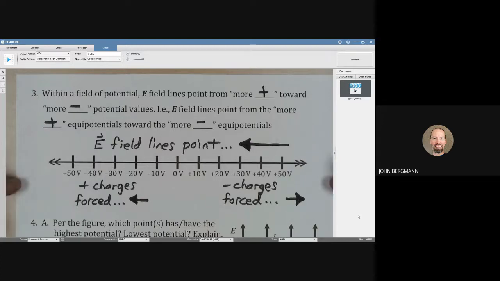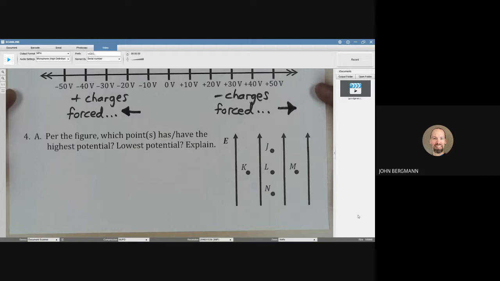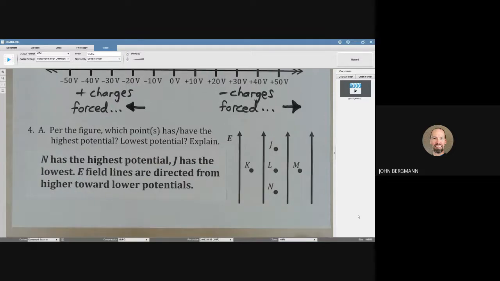Let's finish up with a little bit of a practical problem here. Which points have the highest and lowest potentials? And give us some sort of justification for that. Well, of these 5 points, N has the highest potential and J has the lowest. And we know that because the electric field lines are always drawn from higher toward lower potentials.